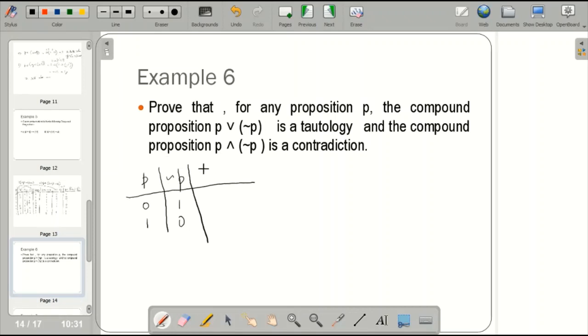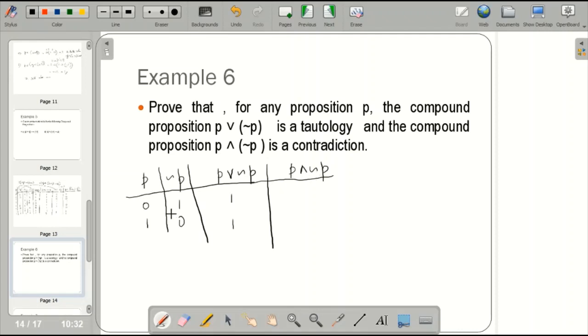Now we need to solve P or negation of P. So what is P or negation of P? You know that in disjunction, when both are zeros, the truth value will be 0. Rest all the cases it will be 1. So here we got 1, 1. Next is regarding P and negation of P. So in P and negation of P, I am doing the AND operation.